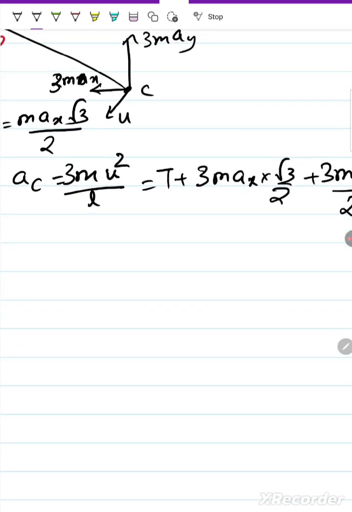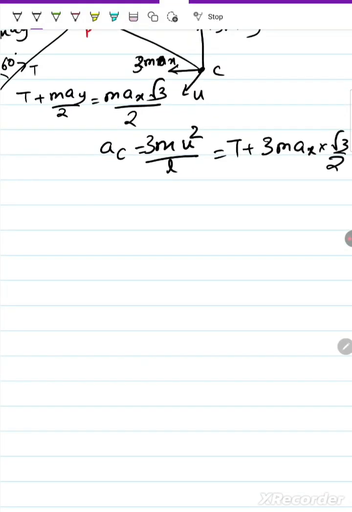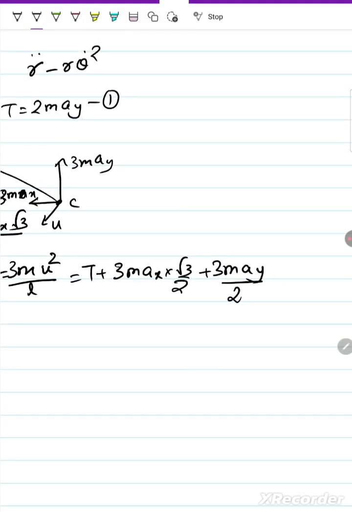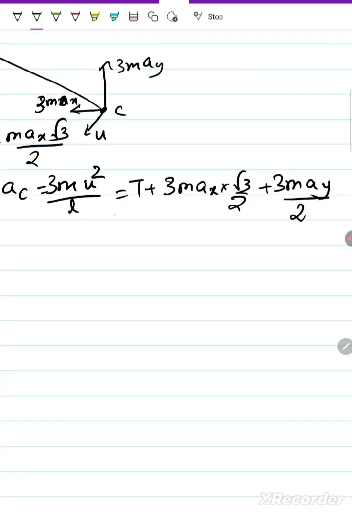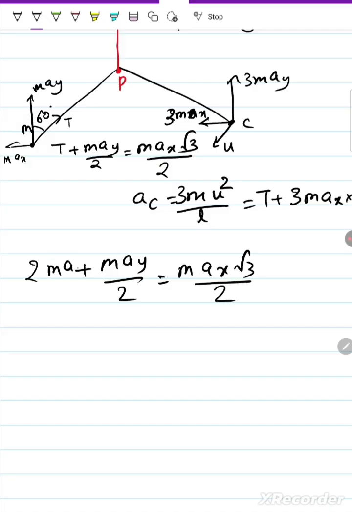Hence we gather three equations, and solving them, the first thing is that T is equal to 2may. Now substituting it in the equation for A, T plus may by 2 is equal to max root 3 by 2, where we substitute T as 2may. Hence 5ay is equal to root 3 ax.